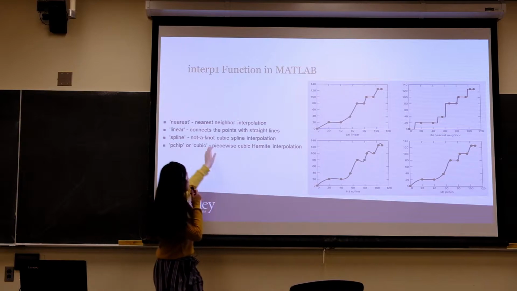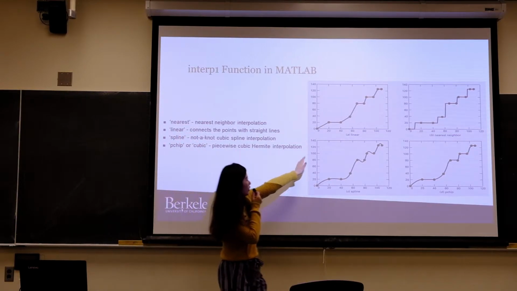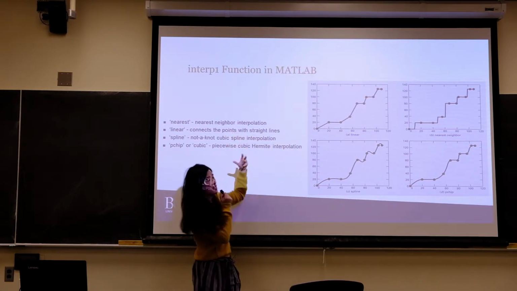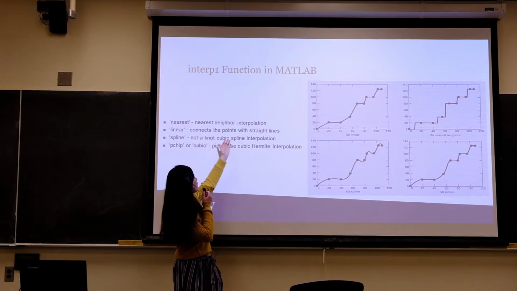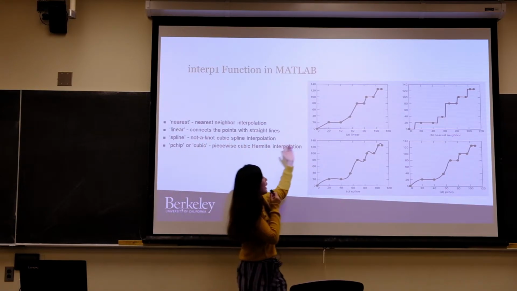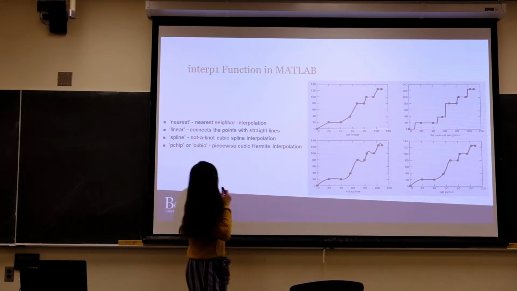And the linear interpolation is also very straightforward. So let's look at the first picture. We simply connect the points with straight lines to get the prediction of our plot.